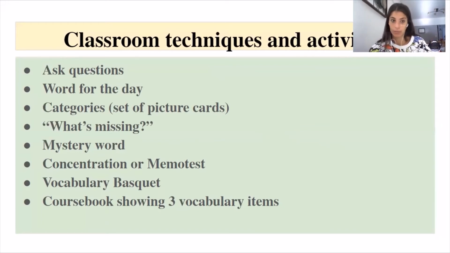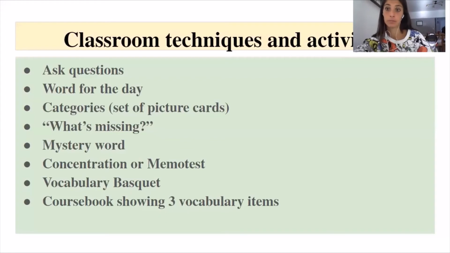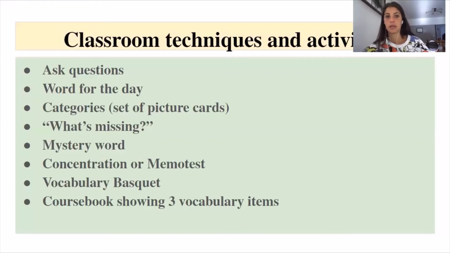Vocabulary basket. Each learner has a picture card, and they sit in their chairs making a circle in the classroom, and the teacher stands in the middle of the circle.